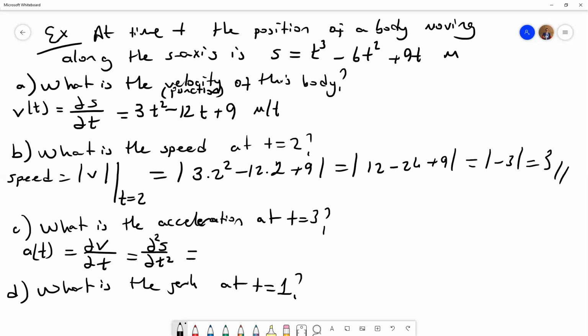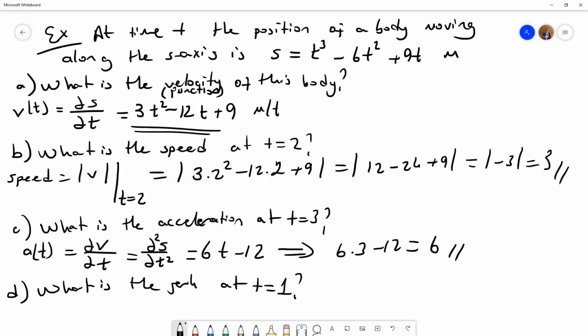That is the derivative of this one. So 6t minus 12, but it says it is at t = 3. So when we put 3, it is 6, I think.